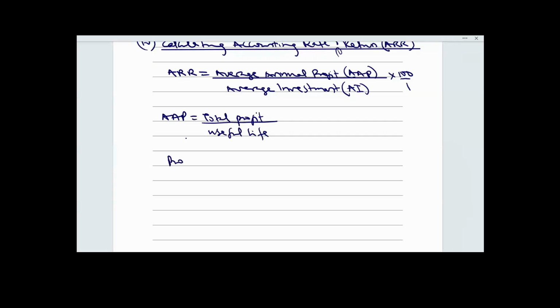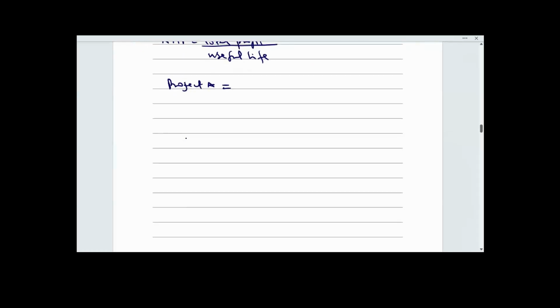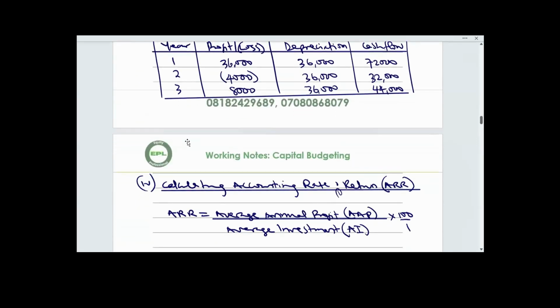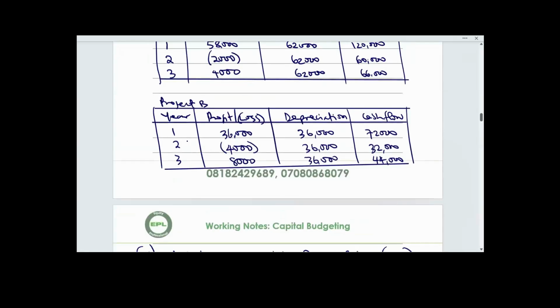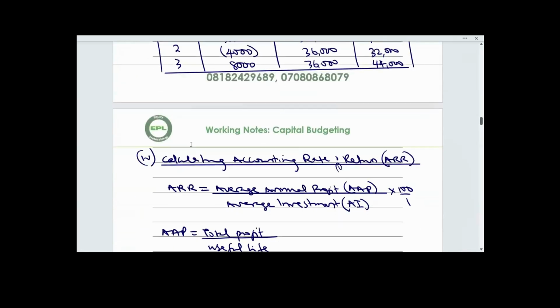So for project A, I will then go back to the question. What's the profit of project A in the first year? Profit of project A is 58,000. We have a loss of 2,000 for the second year, then plus a profit of 4,000 naira in the third year.